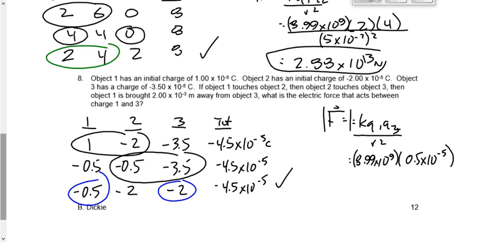You're going to see why shortly, why that's really important to drop the sign of the charge in this or any other equation for that matter. 2 times 10 to the negative 5, don't forget that exponent there. Divided by R, which is 2 times 10 to the negative 3. Once again, use that EE button on your calculator. If you do that, you should get 2.25 times 10 to the 5.